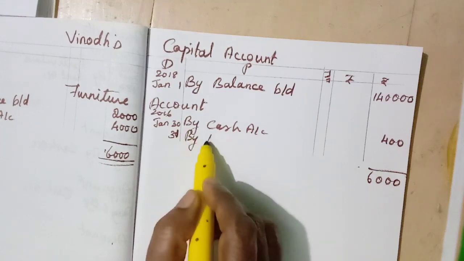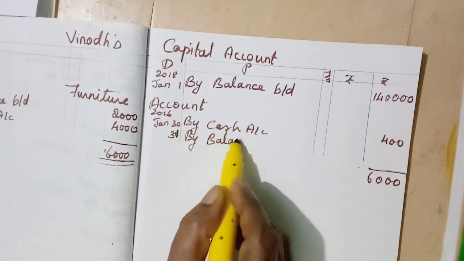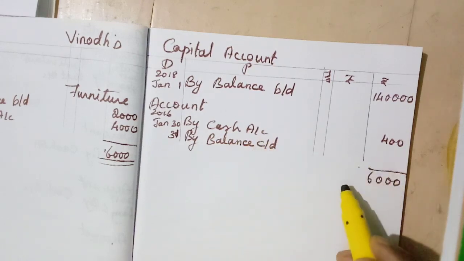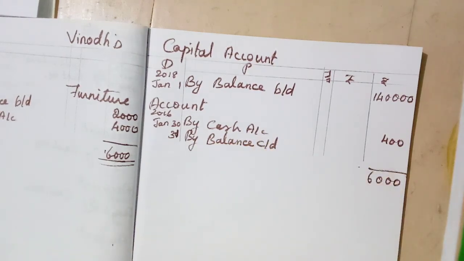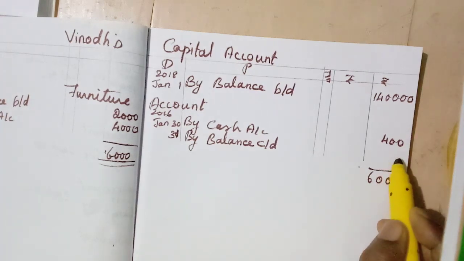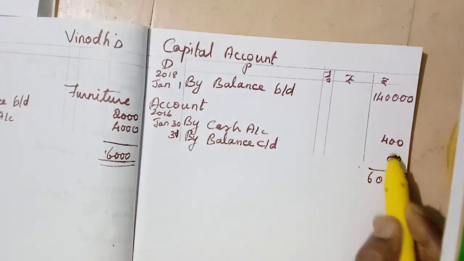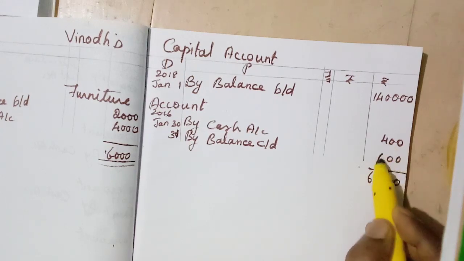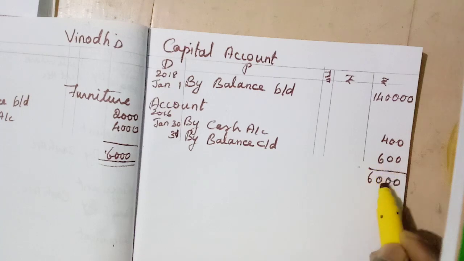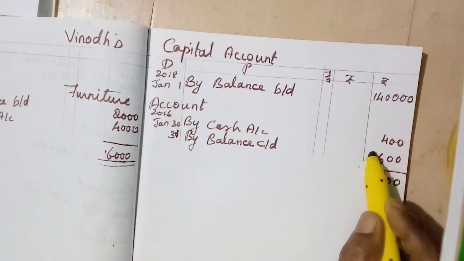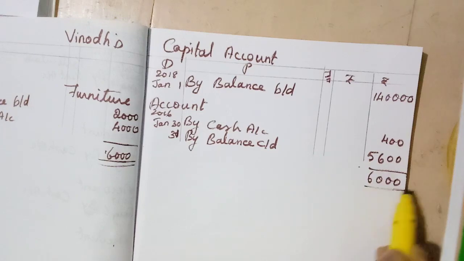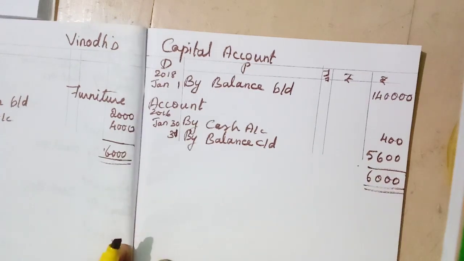Now, by balance carry down. The balance amount we have to write. Okay, in rough you can calculate. Otherwise, directly like this we can add and write 0, 0. We need to get to 0. So, which number should be added along with 4? 4 plus 6, 10. Balance 1, again 5. So, amount is 5,600. Double line you draw.